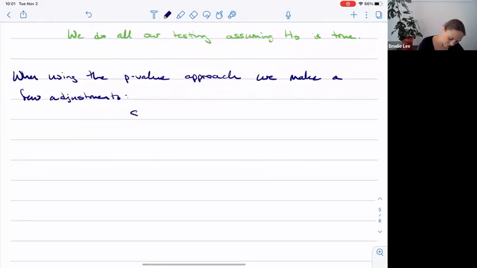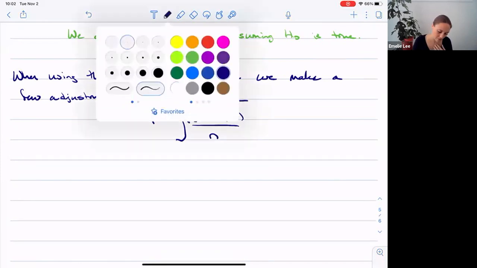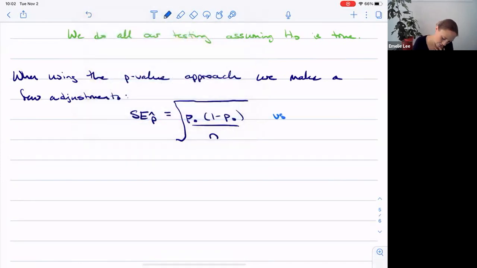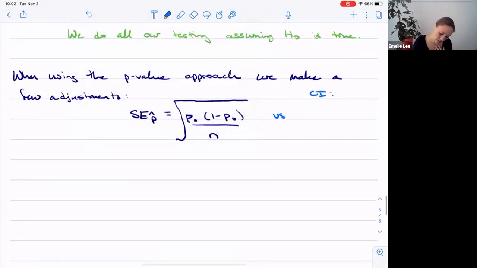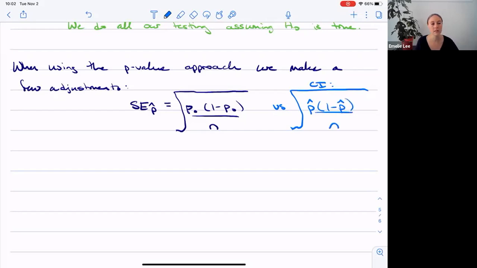The first one is that the standard error of p hat is now going to be the square root of p naught times 1 minus p naught over n. Versus before, for our confidence interval, we were finding our standard error as p hat times 1 minus p hat over n.